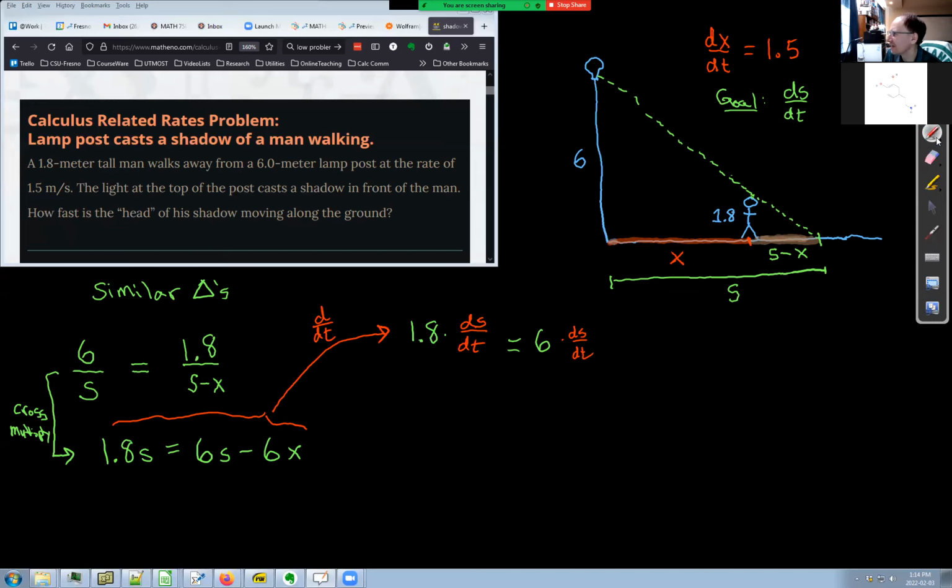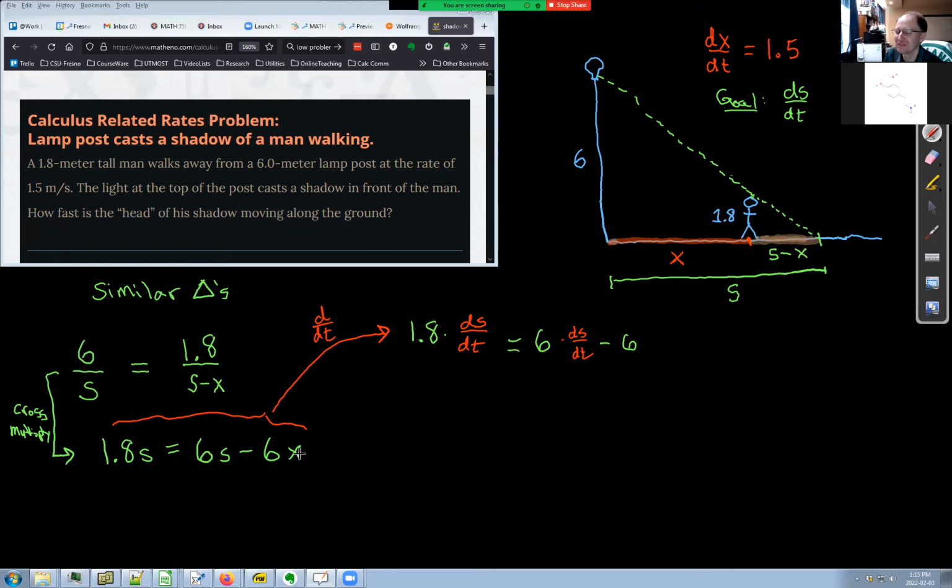And then we have to subtract. Again, the 6 just stays there, and now the derivative of x is 1. This is where I have to be really careful, because we're usually used to x being the independent variable.